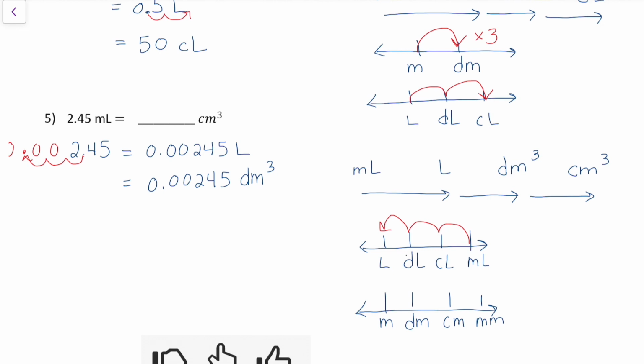So to go from decimeters to centimeters, I'm going to do 1 jump to the right, but my actual conversion isn't decimeters to centimeters, it's decimeters cubed to centimeters cubed. So I'm going to times that by 3. I'm going to do 3 jumps to the right, and I end up with 2.45 centimeters cubed.